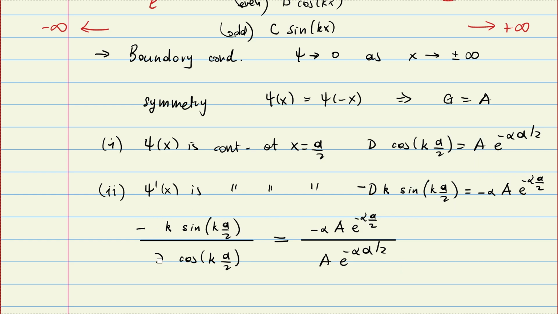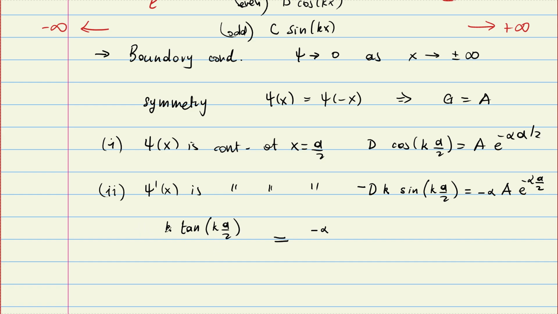So I cancel d, cancel a. These exponentials are exactly the same, so cancel these. And sine and cosine, I'm going to combine them to tangent. And this minus is going to cancel this minus. At the end, I have this simple equation.